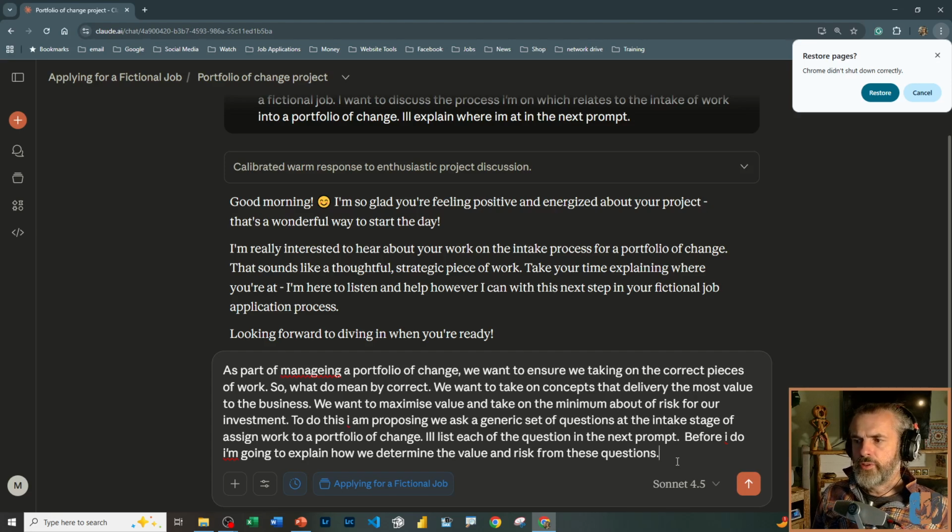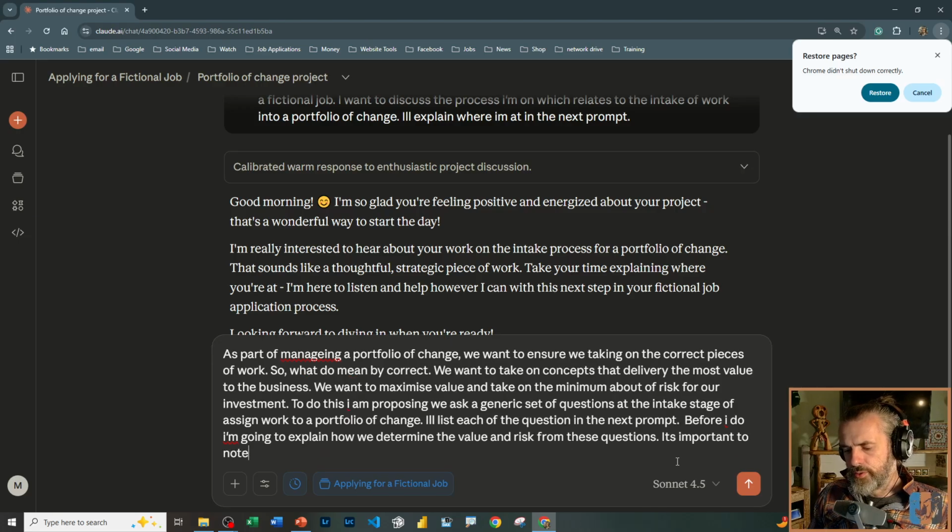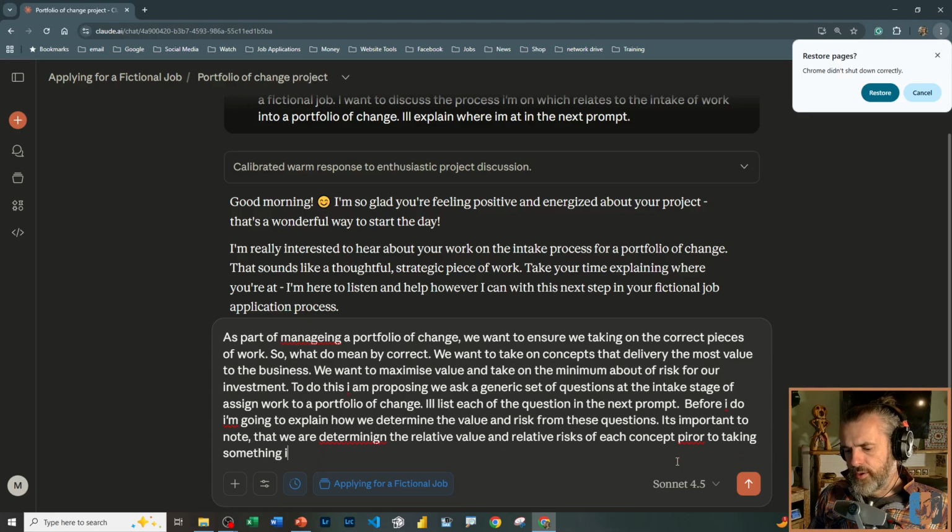So to repeat what's going on in this sentence, before I do, I'm going to explain how we determine the value and risk from these questions. It's important to note that we are determining the relative value and relative risk of each concept prior to taking something into the portfolio.